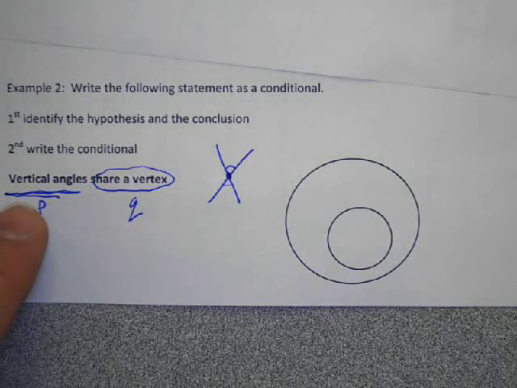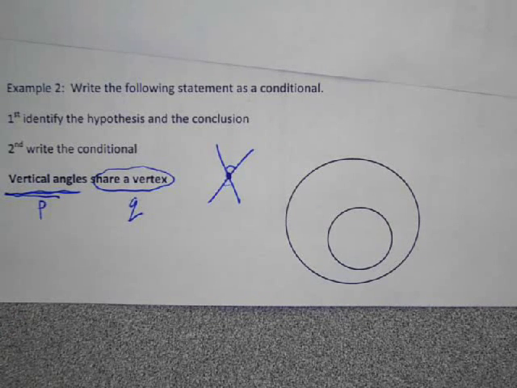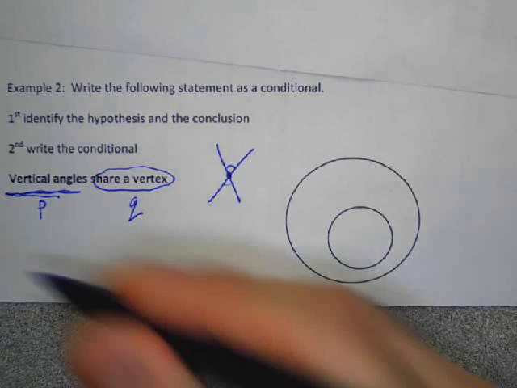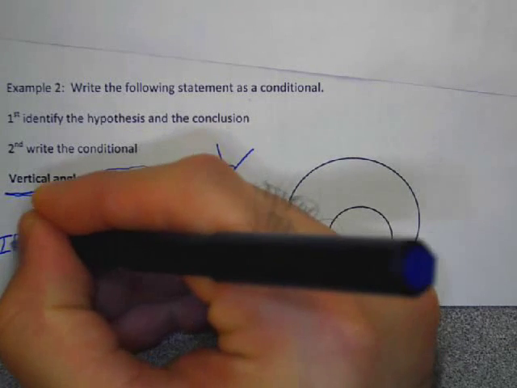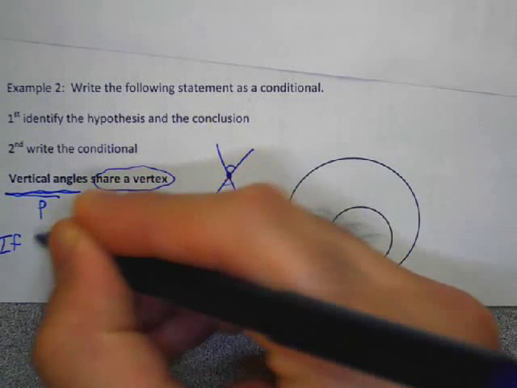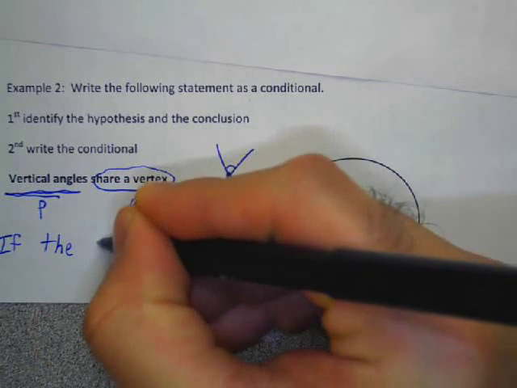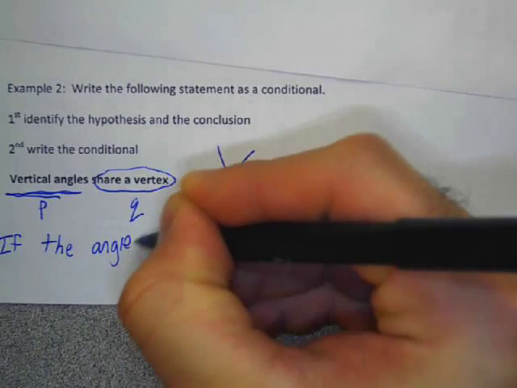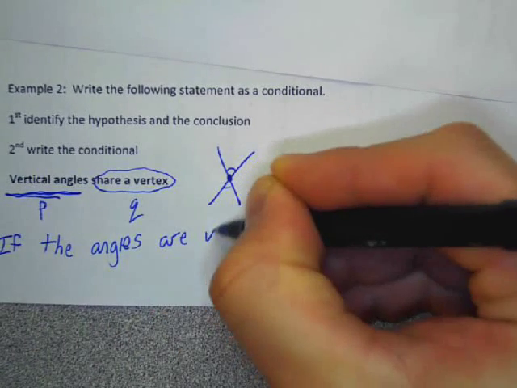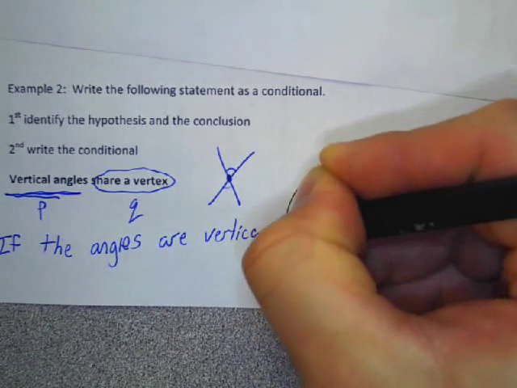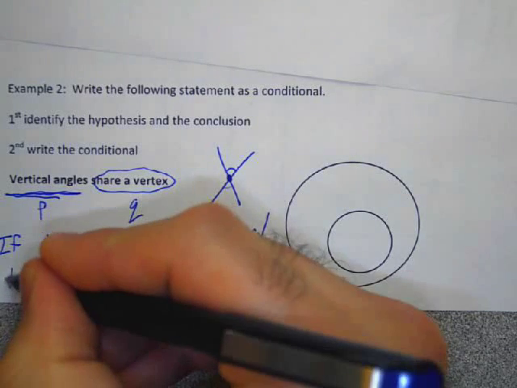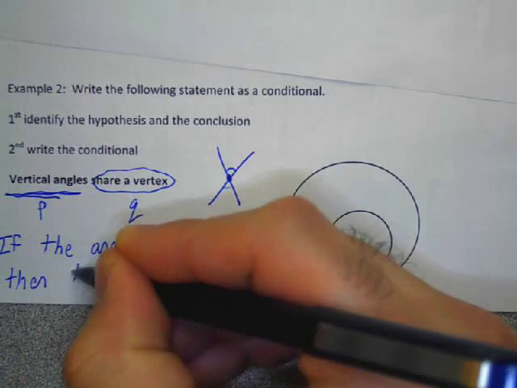Then my second thing says, write your conditional. So we're going to do that. We can say this in different ways. We can say, if the angles are vertical, then they share a vertex.